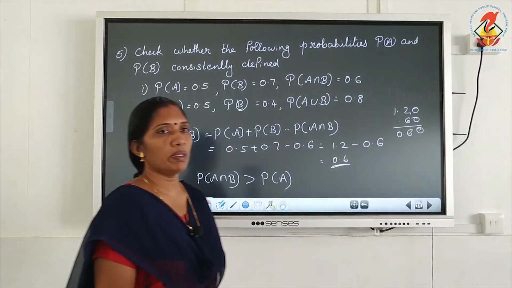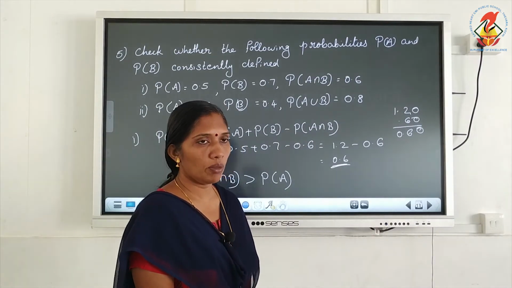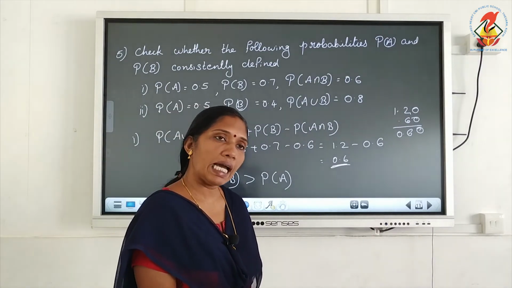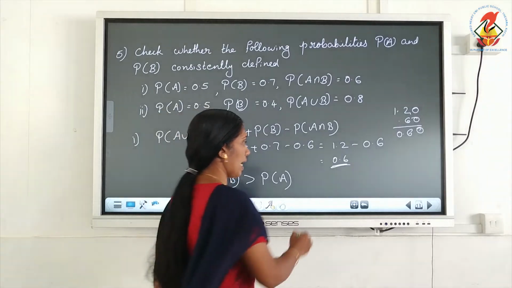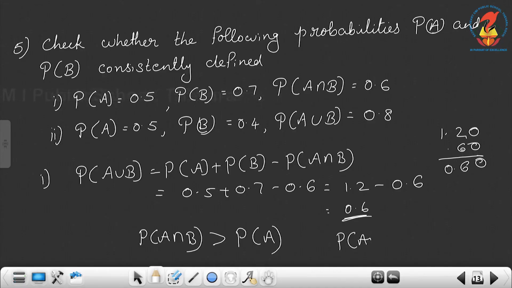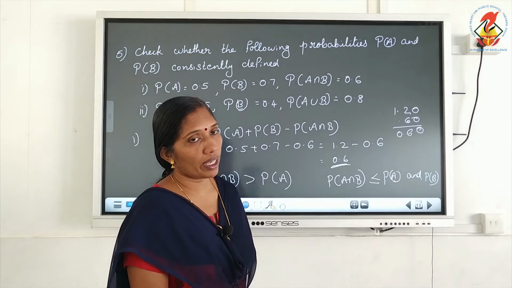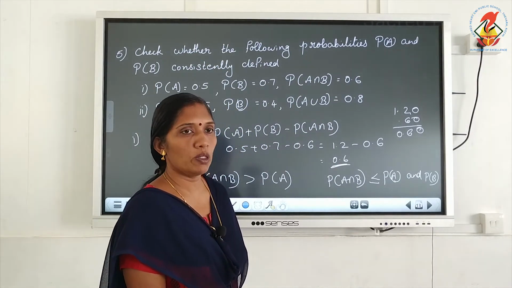A intersection B means the common in both A and B. So P of A intersection B must be less than or equal to P of A and P of B. Intersection cannot be greater than P of A and P of B. That is not at all possible.